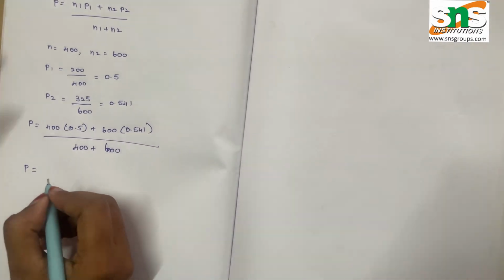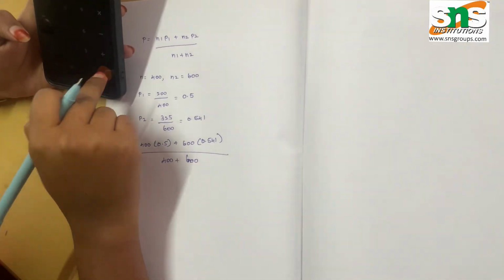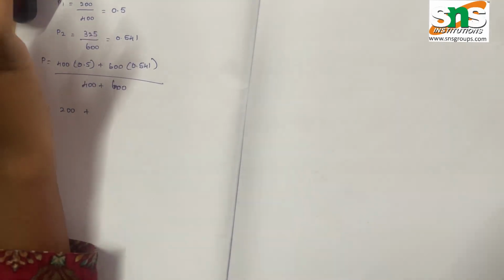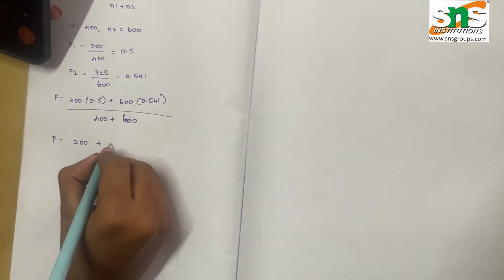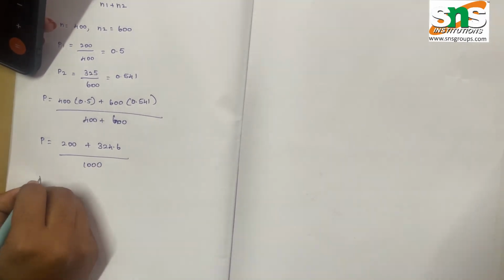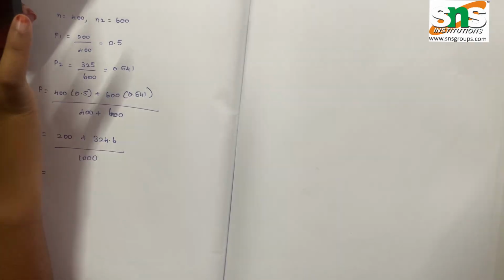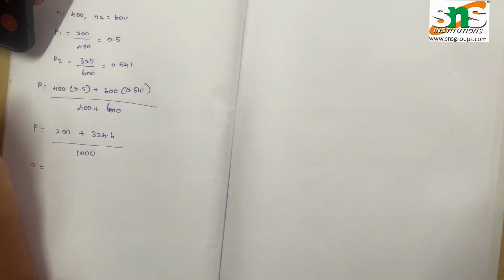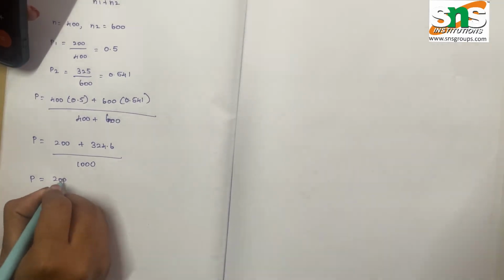Next, calculate the P value. 400 into 0.5 equal to 200, plus 600 into 0.541 equal to 324.6, divided by 1000. So P is 200 plus 324.6 divided by 1000, answer 0.32.